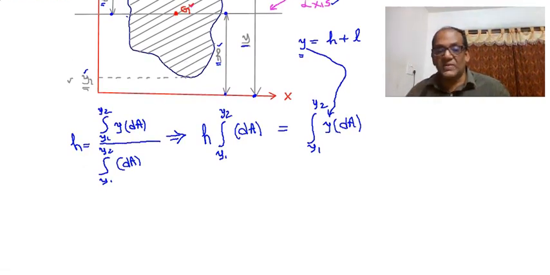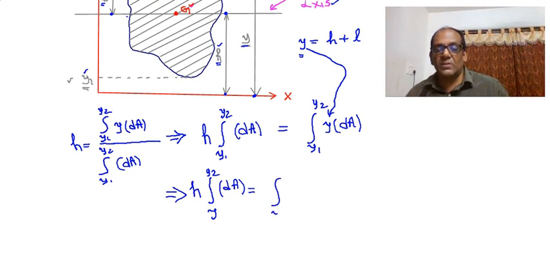This implies h times integral y1 to y2 of dA is equal to integral y1 to y2 of (h plus L) dA.